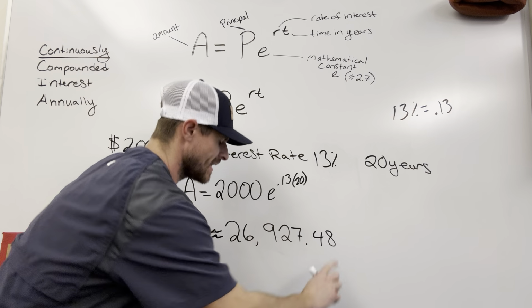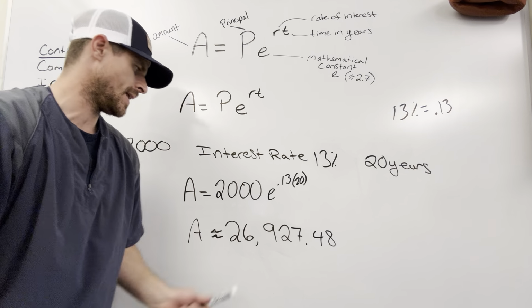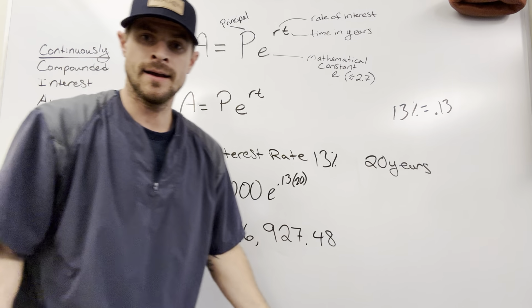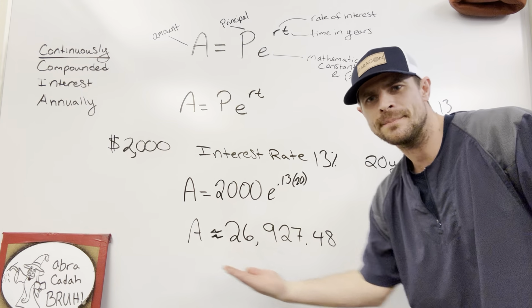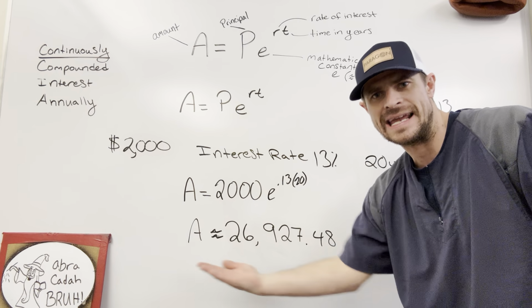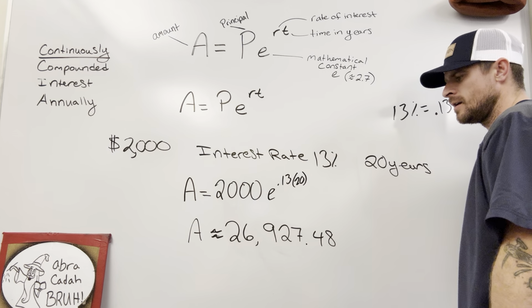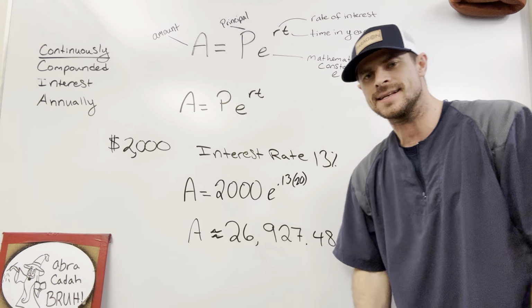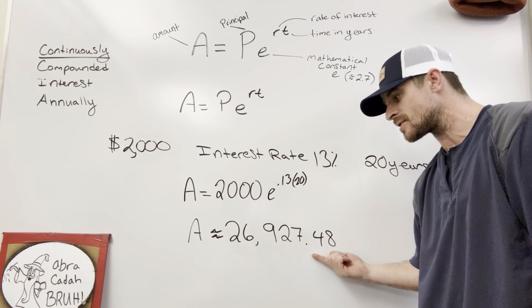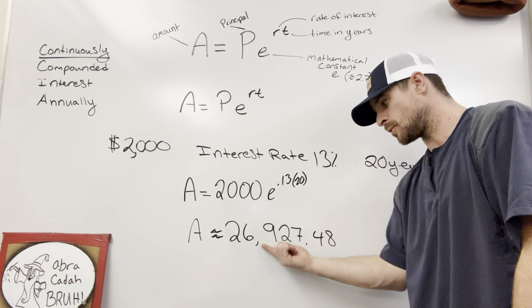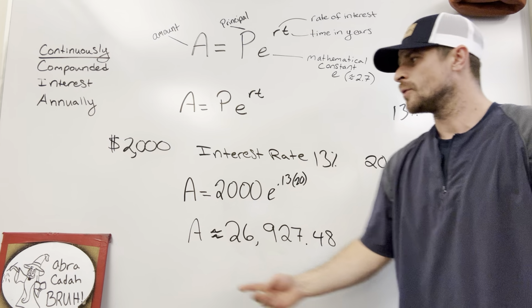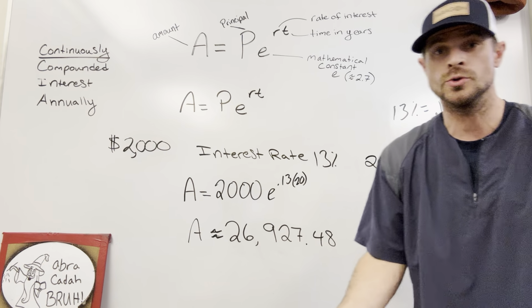I did have to round that last cent up just to make it accurate, but oh my gosh, think about the number of Chick-fil-A sandwiches you could purchase with that. Or go buy yourself a new car. There are a lot of options, a lot of things that could be purchased with $26,000, dang near $27,000, when you originally only started with $2,000.